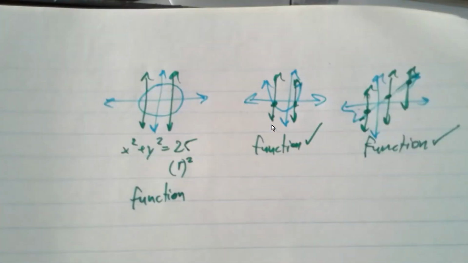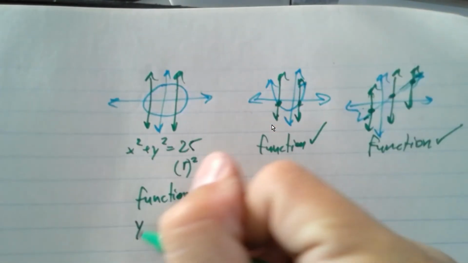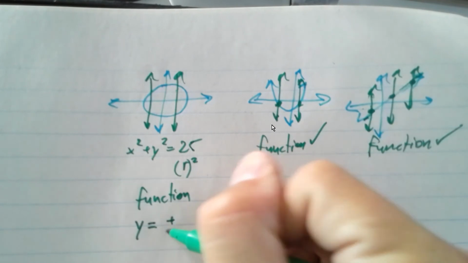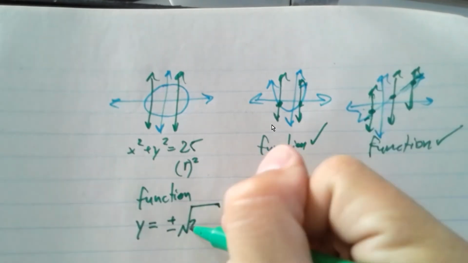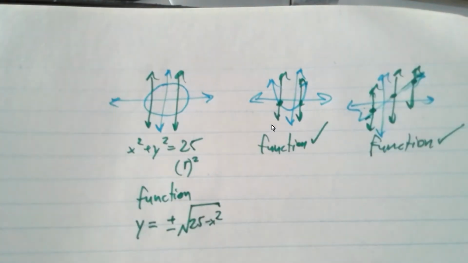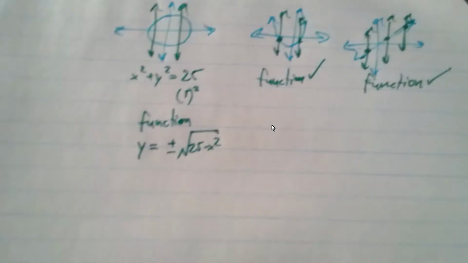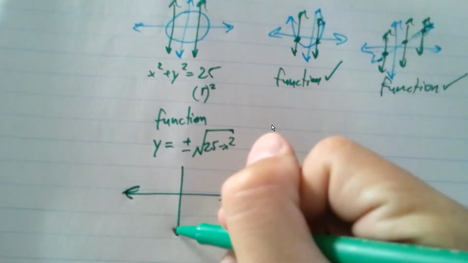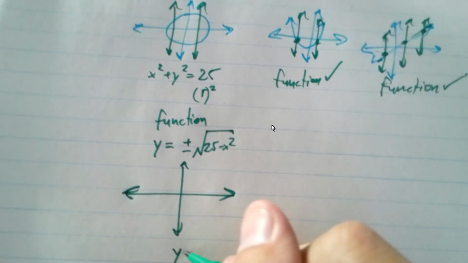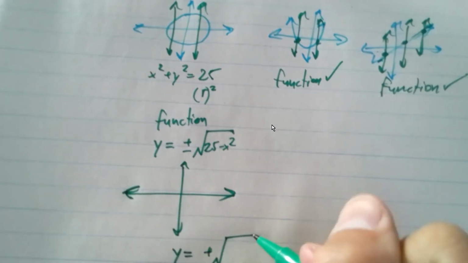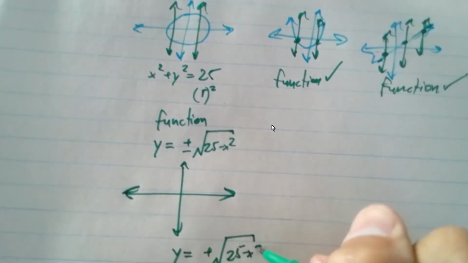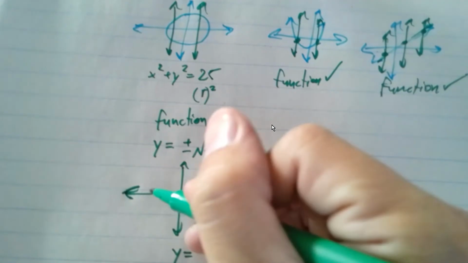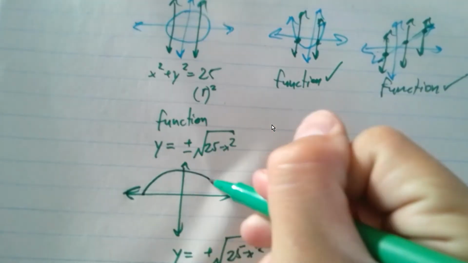Like I said, if you solve for y, you end up getting plus or minus the square root of 25 minus x squared. What you're actually doing, I think if I'm doing this right, if you graph y is equal to positive square root of 25 minus x squared, you have a curve that goes like this.